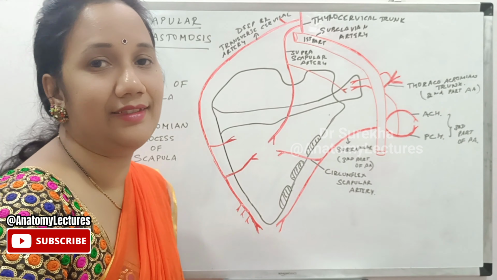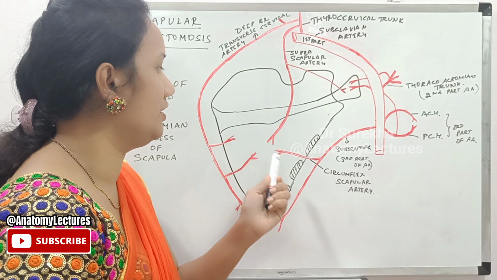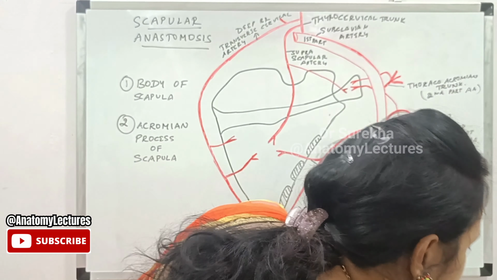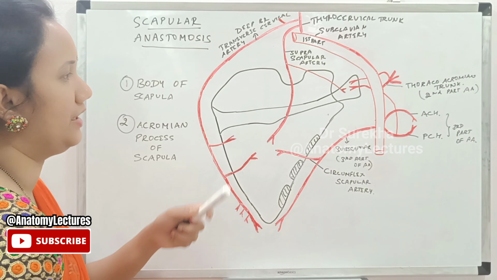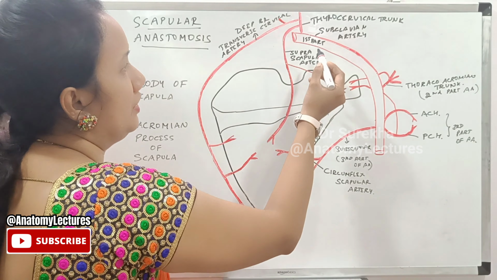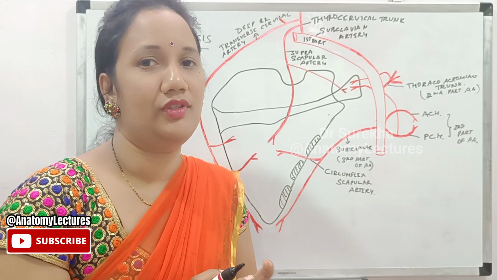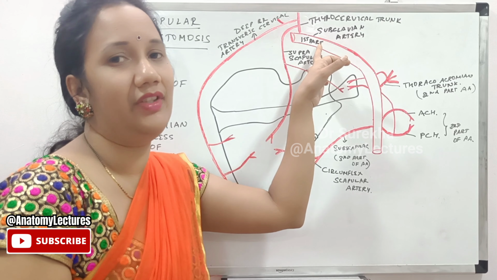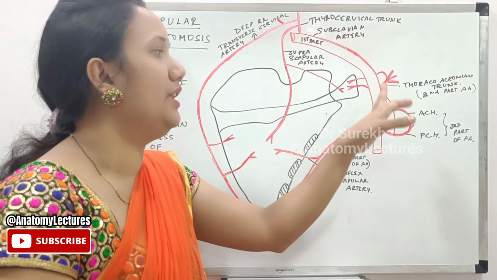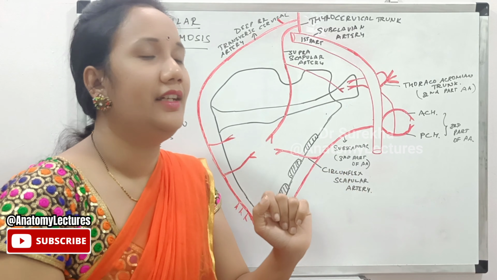Okay. So first we will discuss what are all the arteries which are participating in the anastomosis at the body of the scapula. If you have a look at this diagram, as I told you previously, this scapular anastomosis is between the branches of the first part of subclavian artery and the branches of the second and third parts of the axillary artery.